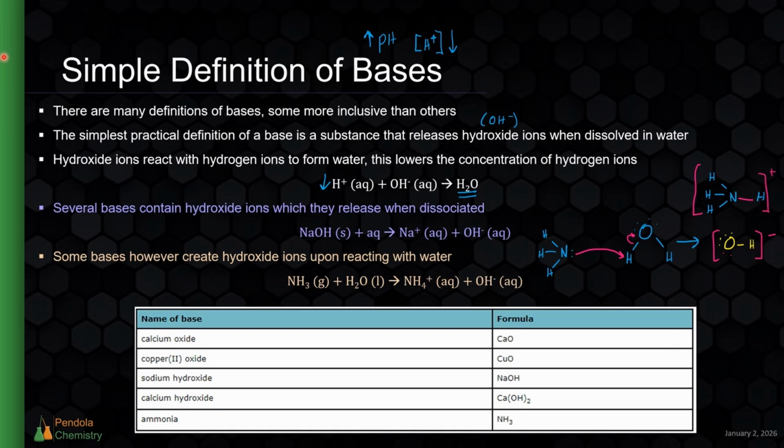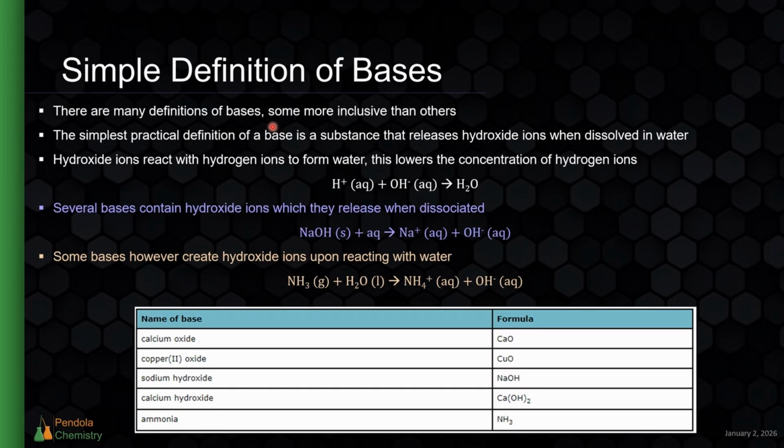So while some bases directly donate or create the hydroxide by dissociating, some of them create that hydroxide by stealing hydrogens from water, creating some kind of cation, and then the hydroxide ion. So those are the basic definitions of acid and base. Acids create hydrogen ions when dissolved in water. Bases create hydroxide ions when dissolved in water.